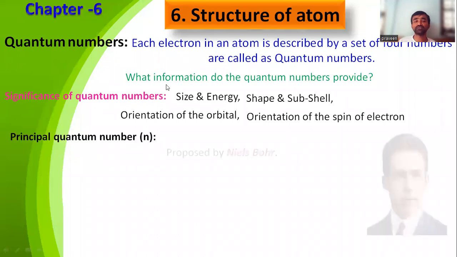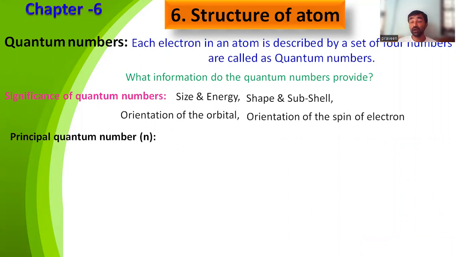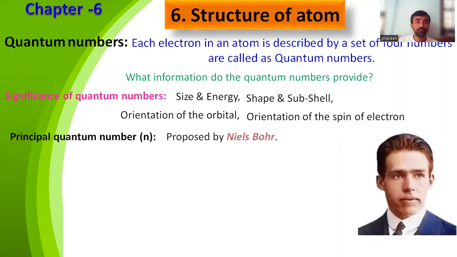Now we are discussing the quantum numbers. The first one is the principal quantum number, the first quantum number introduced. It was proposed by Niels Bohr, the person on the screen, in his Bohr atomic model.